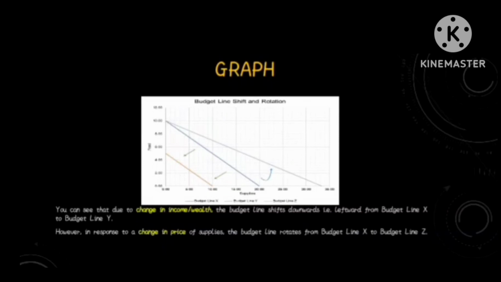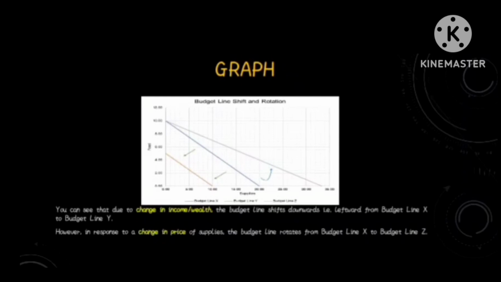The middle one is budget line X. If you can see, due to the change in income, the budget line shifts downward, for example leftward, from budget line X to budget line Y. The straight arrow shows the shifting of the budget line. In income we say that the budget line shifts.